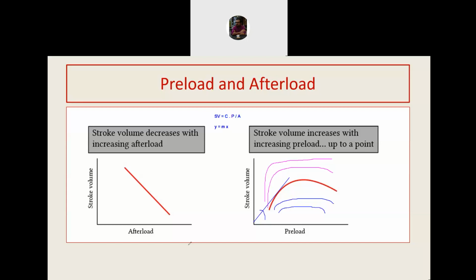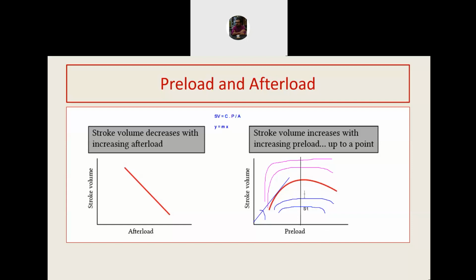This can also be proven in a very simple manner. You choose a series of Frank-Starling's curves as here and just drop a perpendicular from a point. Now what does this perpendicular represent? A particular value of preload. You see, at this particular value of preload, there are different cardiac output or stroke volume that are available.